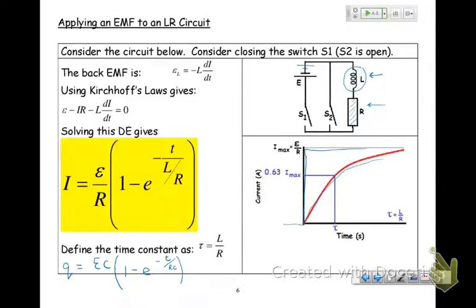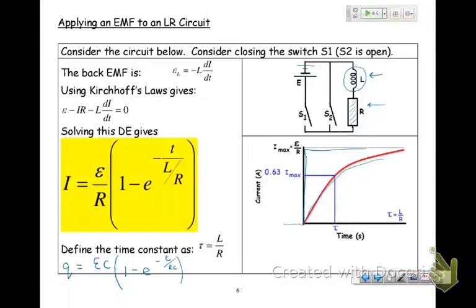Can you just see the analogies? The maximum current that goes through my circuit would be V over R, so I have E over R because E is my EMF. And it's modified by this 1 minus e to the minus t over my time constant. My time constant in this case is L over R. So again, I've saved myself some work here. It's not a new equation that I've never seen before.